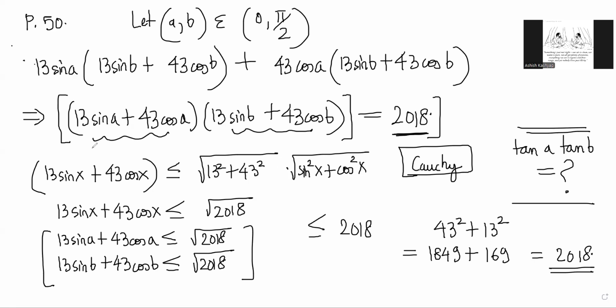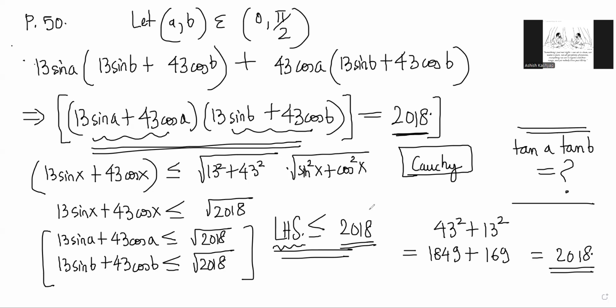The product of these is this expression, the LHS. By applying Cauchy's inequality 2 times, we are getting LHS is less than or equal to 2018. But the question is asking us to solve the equality case. So if the equality has to be true, then both the times we applied Cauchy, it should be equal both the times, right? I hope everyone is understanding what I'm saying.